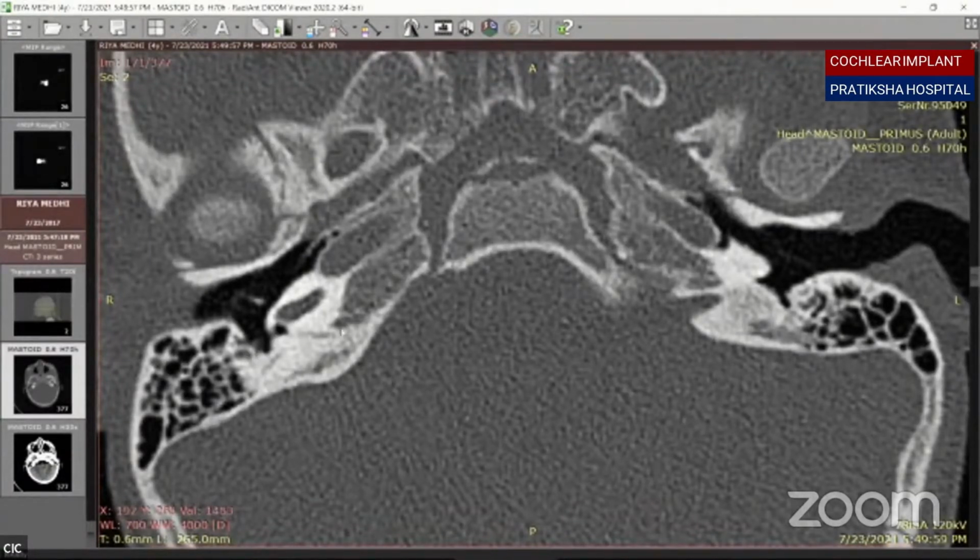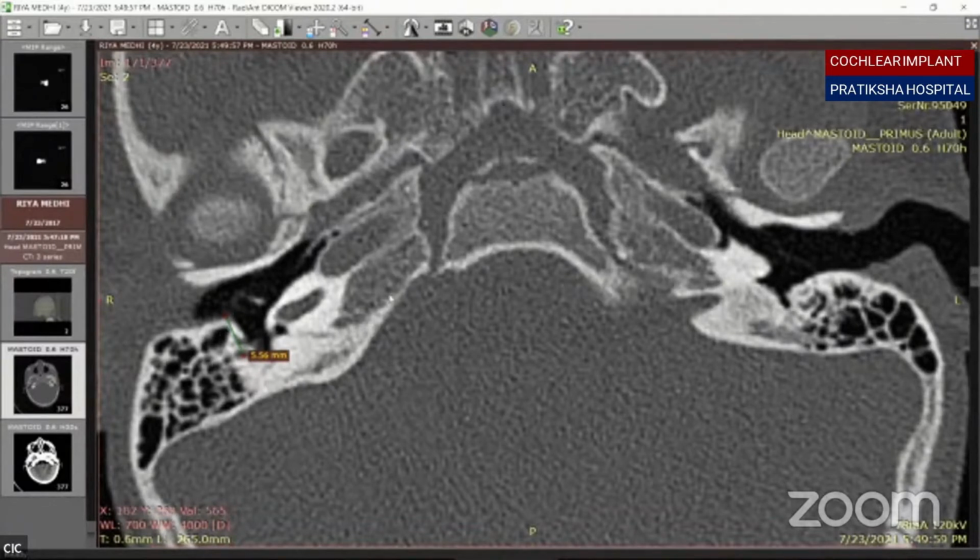This will give us an idea about the surgical feasibility during round window insertion through the facial recess approach. The distance of the facial nerve, the vertical portion, up to the annulus is 5.56 millimeter, which is quite good. 3 millimeter is considered to be a good facial recess.